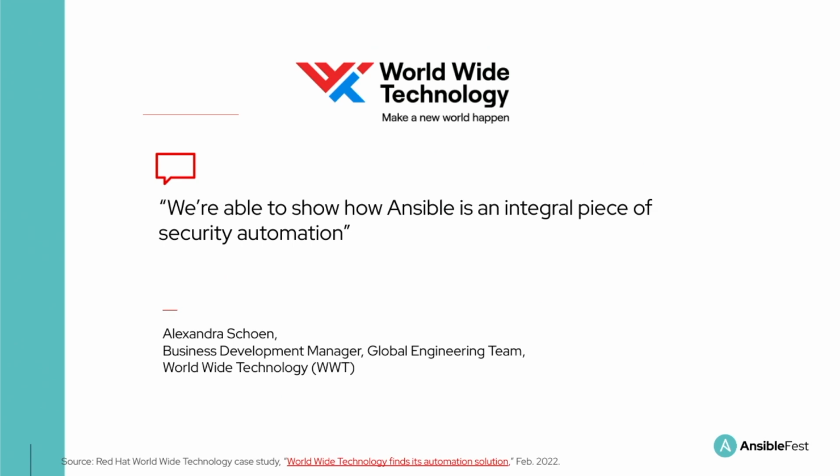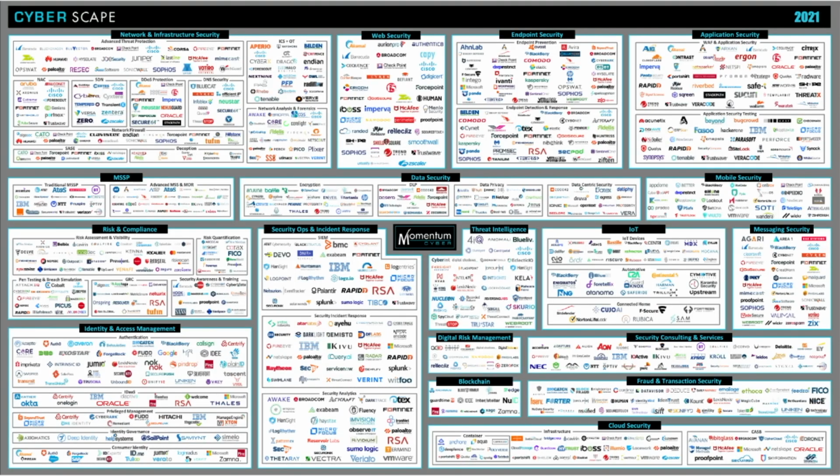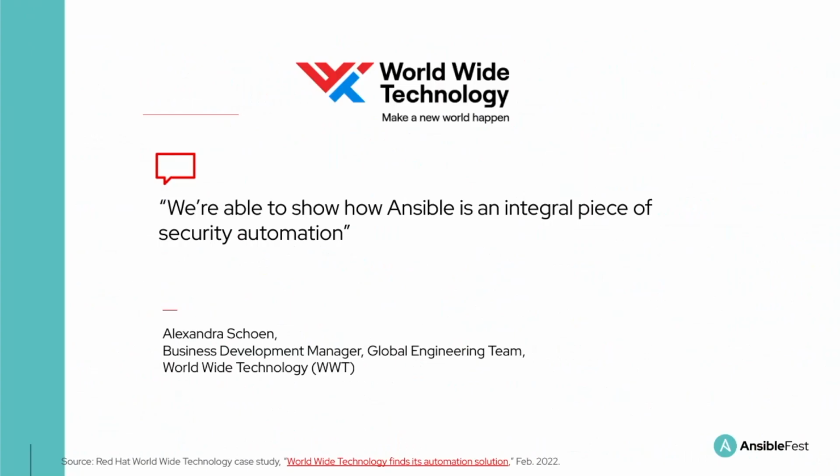No, okay, so we have a few supporting quotes in here kind of talking about why we've done what we've done and how these different things go in. This is from a good partner of ours, WWT, showing how automation is an integral grease of the security process. And to go deeper, the WWT use case is recent. If you find the videos, they actually went extreme on automation. Try to check the reference in the slide or Google them, because they have end-to-end automation.